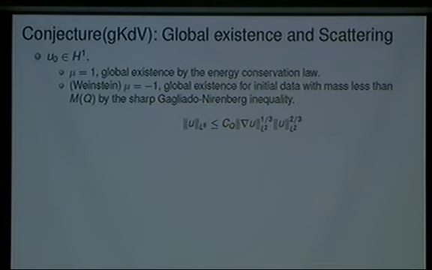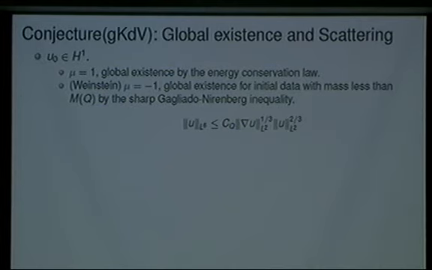But in the focusing case, with soliton, the energy is indefinite, and we still have global existence for small mass, if the mass is smaller than the mass of Q. It is because of the sharp Gagliardo-Nirenberg inequality, where sharp means a sharp constant.